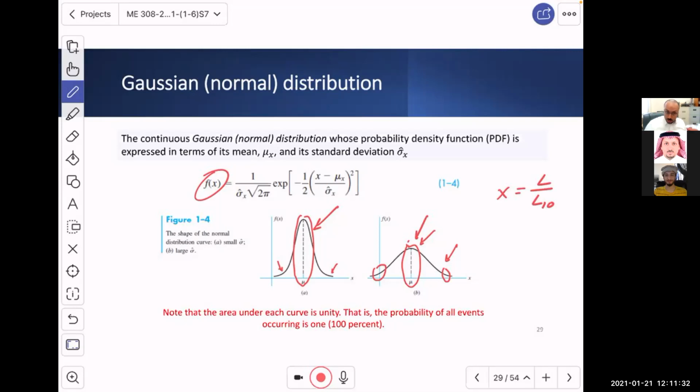Now, if you look at the equation, it has mu and sigma x hat, and that's it. The x is the dimensionless life measure. And as we said, the normal distribution will need two values, the mean and the standard deviation.